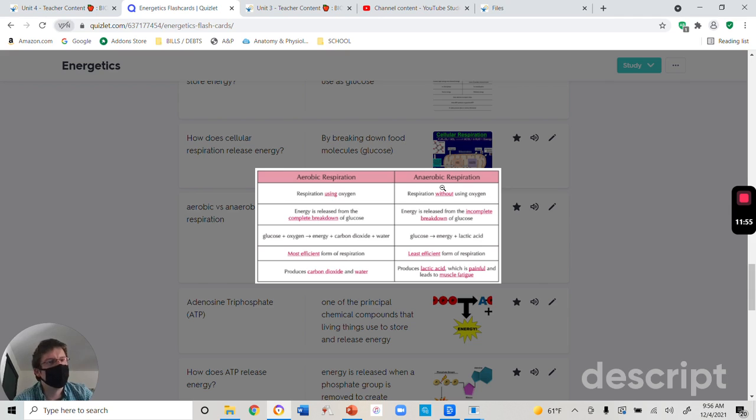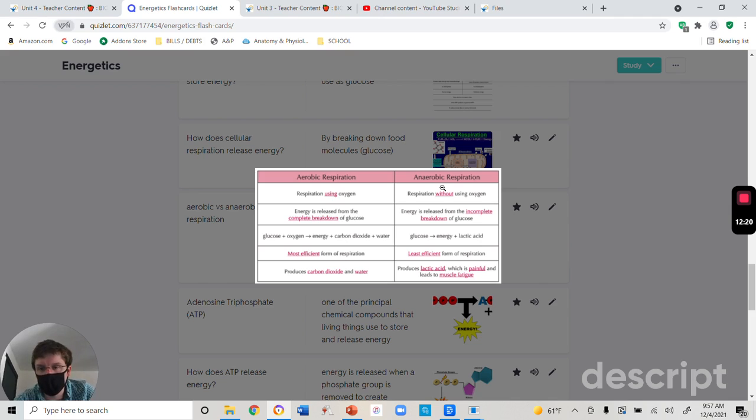We're putting out more than we can feasibly take in. If we were only able to move in the presence of an adequate oxygen supply, we would not be able to go on for as long as we do. So our body is able to do what's called anaerobic respiration, so creating energy without oxygen.